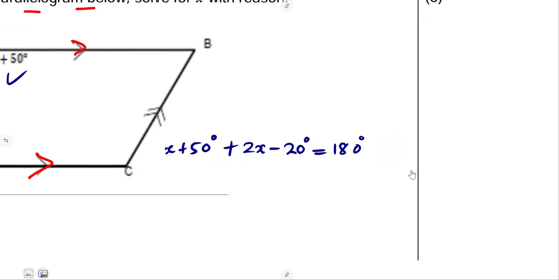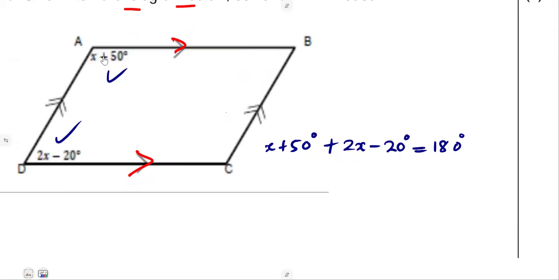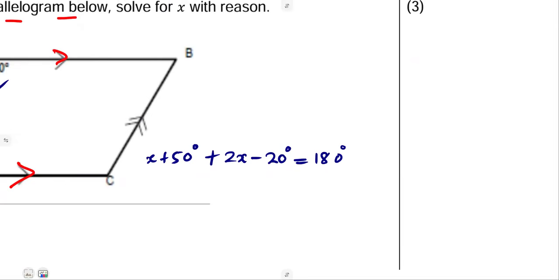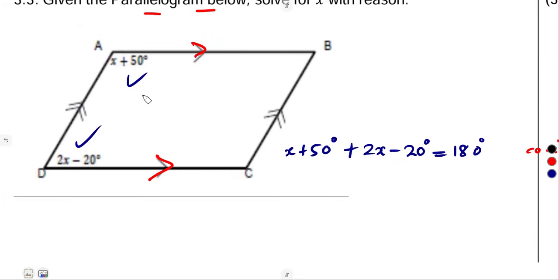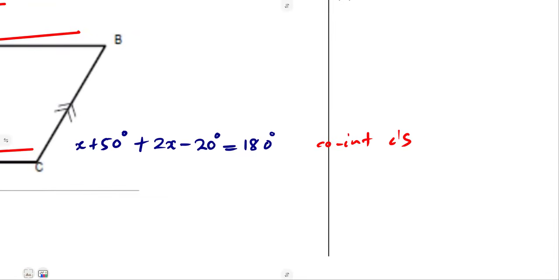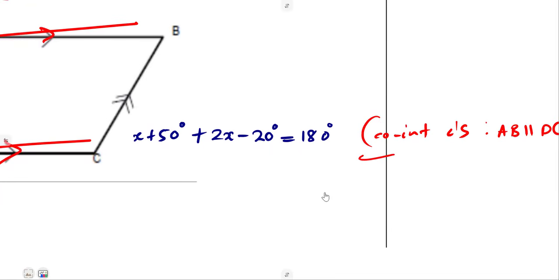That is, adjacent angles of a parallelogram, or you can use co-interior angles. These are co-interior angles since AB is parallel to DC, or CD. Those are co-interior angles where we form a C.